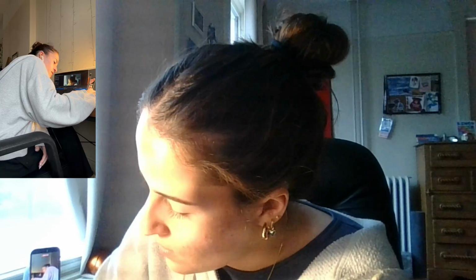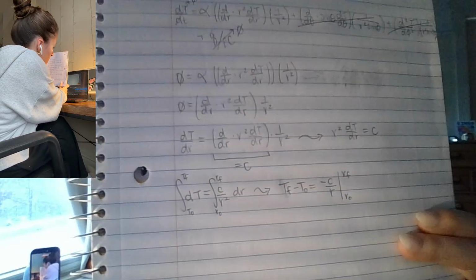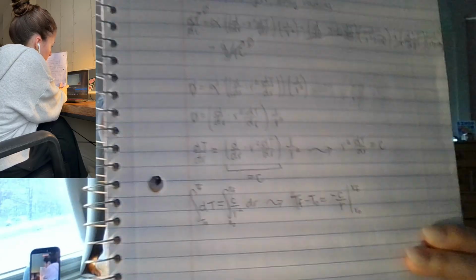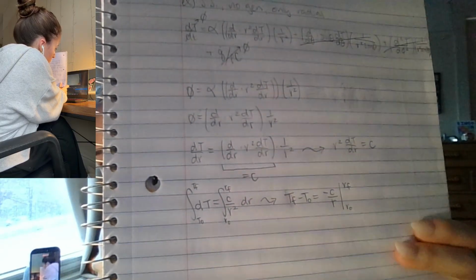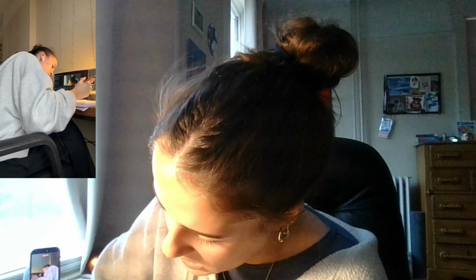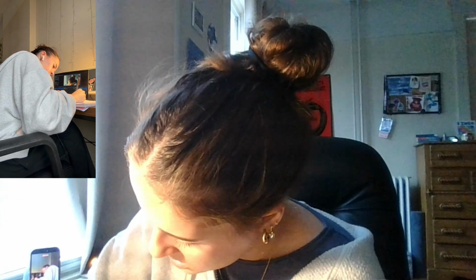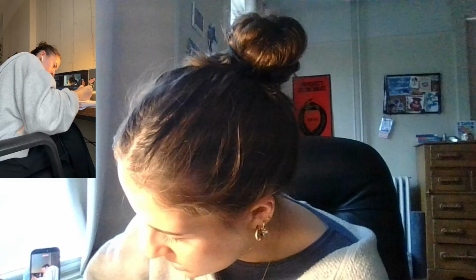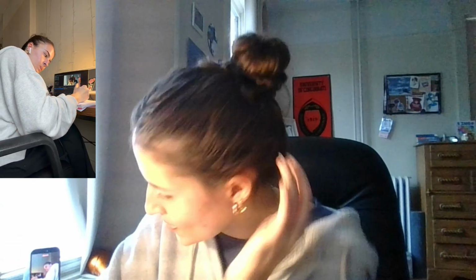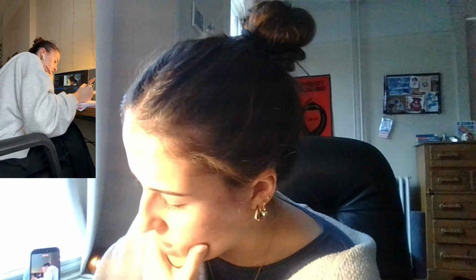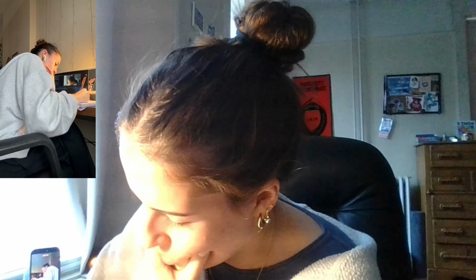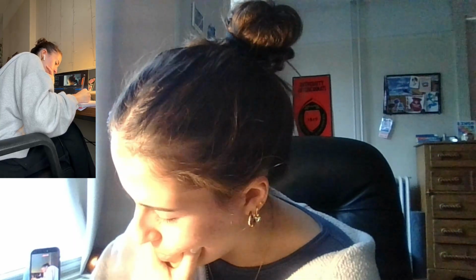Evaluated at rf, r naught. So this is what I have right now. Tf minus T naught equals negative C over R, and then we can plug in these values, so we get Tf minus T naught equals negative C as our constant, and then 1 over Rf minus 1 over R naught.